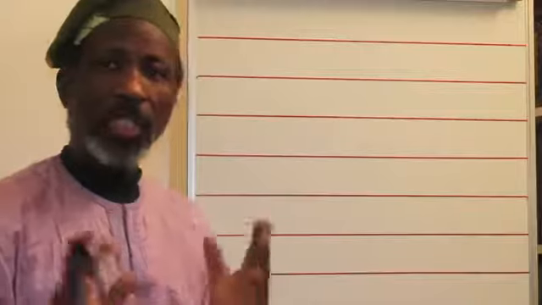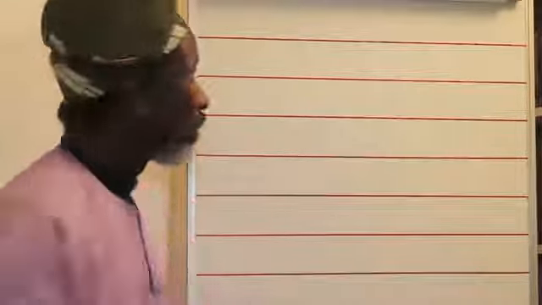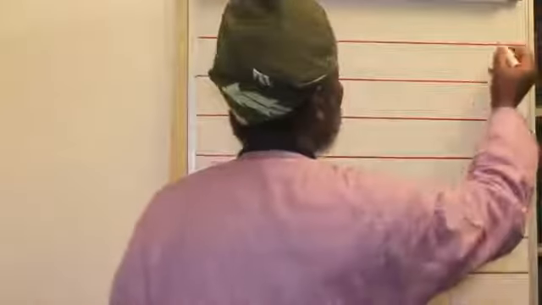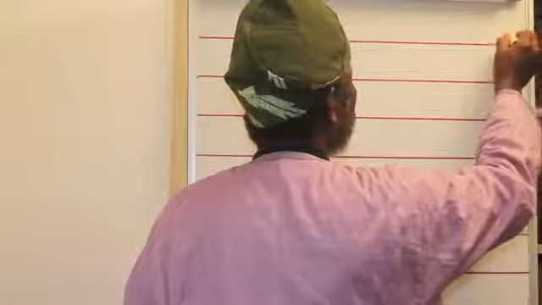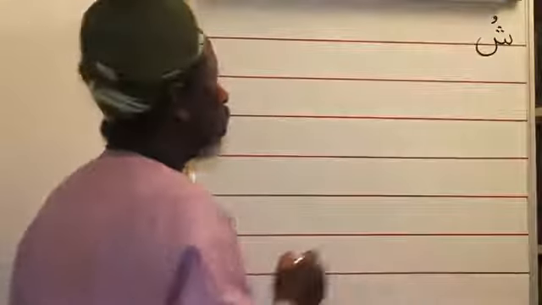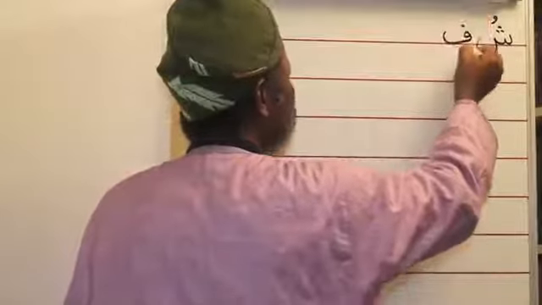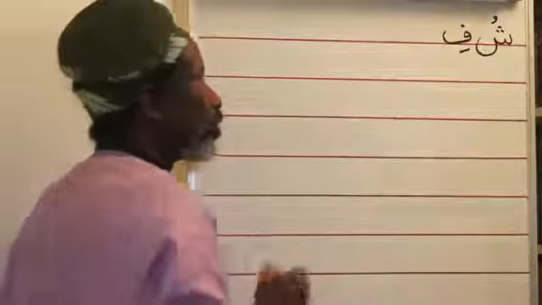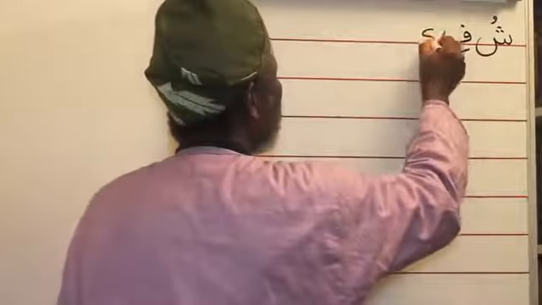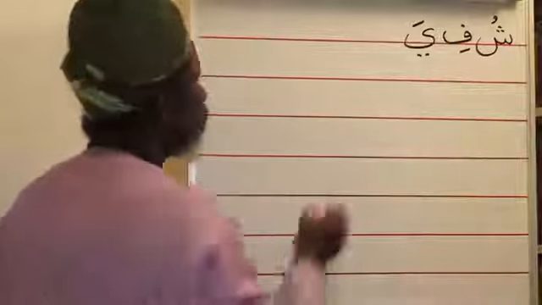We start on page 34 with letter Shin. Shin, the beginning. A Shin with Dhamma becomes Shu. Fa, with Kesra, Fi, Shu, Fi, and then Ya, Fatha, Shufiya.